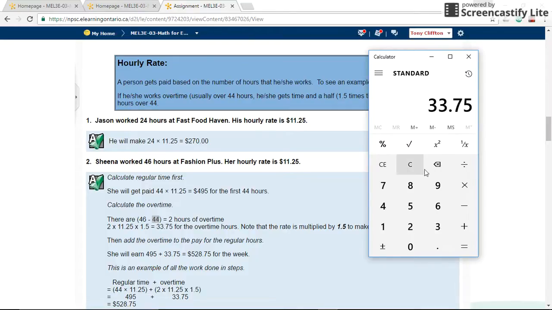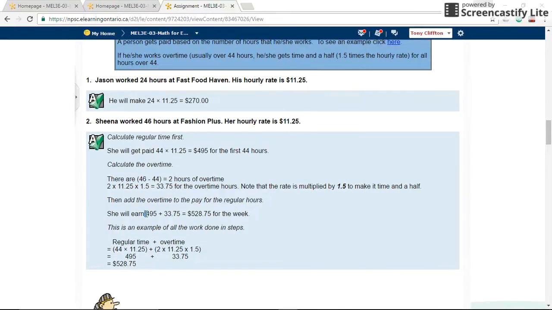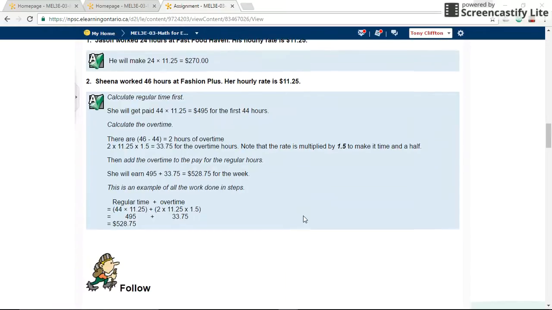You could also figure it out this way. She normally makes $11.25, but she just worked overtime. So overtime is 1.5 times. So times 1.5 equals 16.875 an hour times 2 hours, which gives you $33.75. So her total is the regular $495 plus $33.75. Okay.